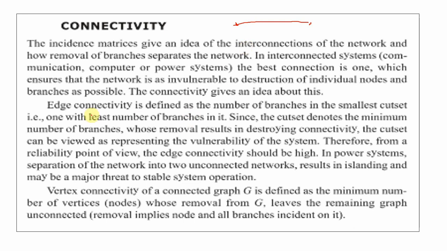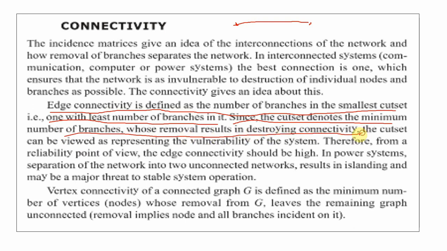Different concepts are there, like edge connectivity, that is defined as the number of branches in the smallest cluster, the one with the least number of branches, since the cluster denotes the minimum number of branches whose removal results in destroying the connectivity. This point is called the vertex, or in other terms the node, right? If you remove this node, then the graph will be divided.